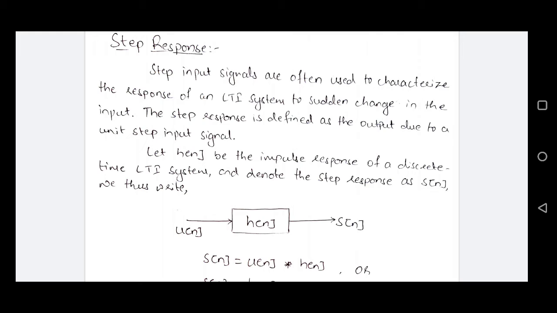Now, when we say step response is an output of an LTI system, then that LTI system will be characterized by the impulse response. Now, what is the relationship between impulse response and step response? We'll go through that in a moment. We'll use the unit step function as an input signal to understand how the system behaves for a sudden change in the input.